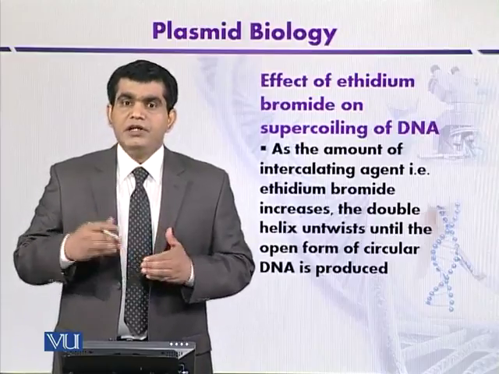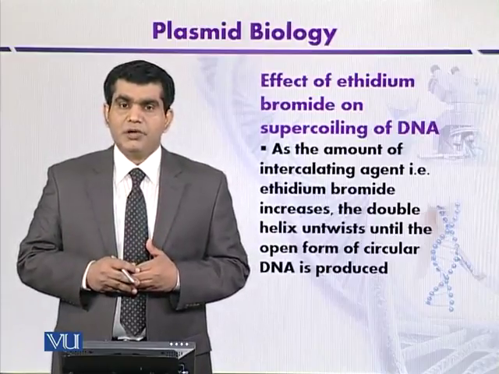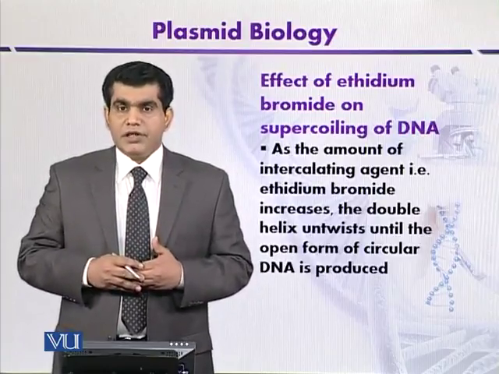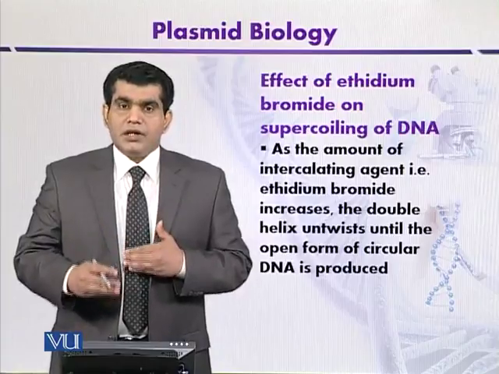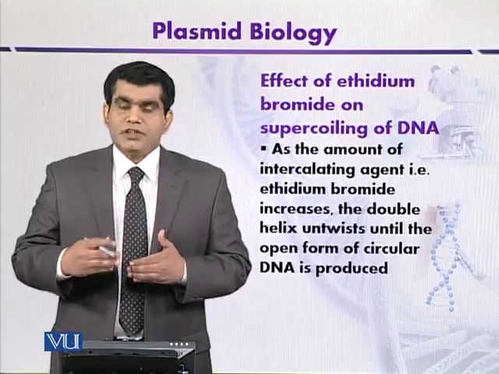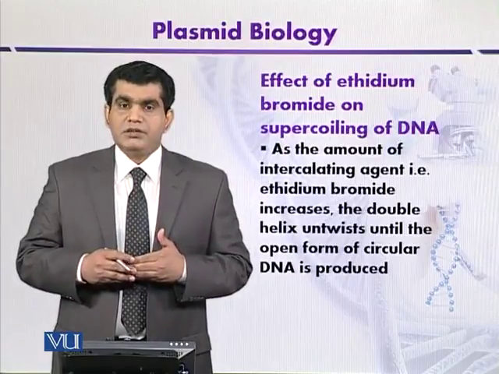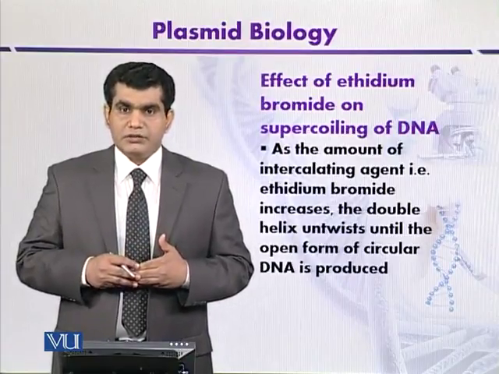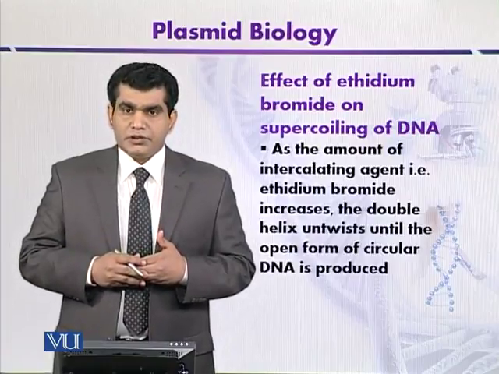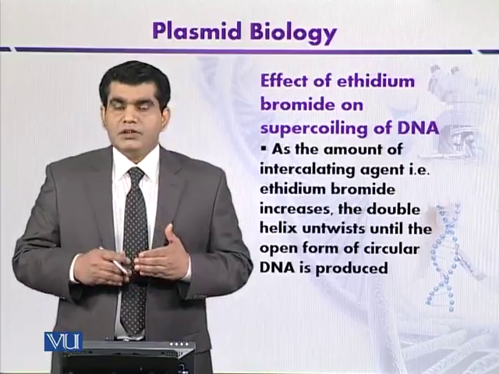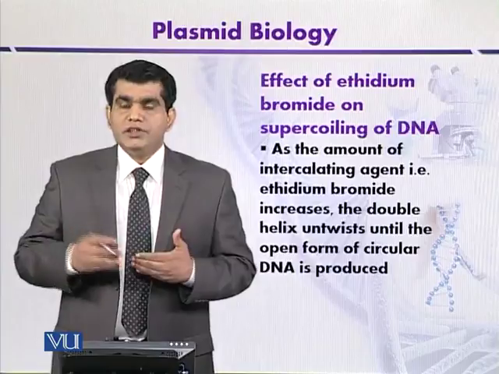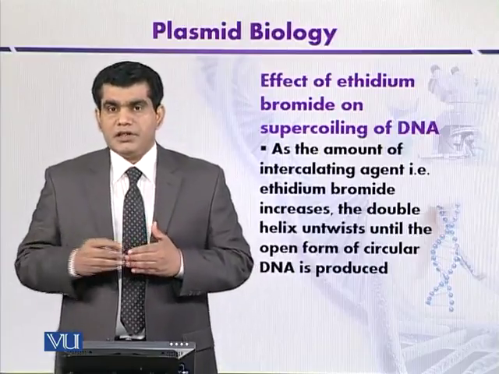But if the intercalation of ethidium bromide is not stopped at that stage and still goes on, then the rewinding of the open circle DNA will start, but now in the opposite direction. That is, negative supercoiling is introduced. And we have the open circle DNA, the supercoiled DNA and the linear DNA.